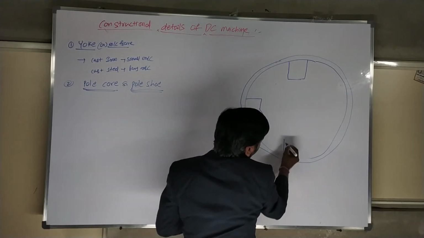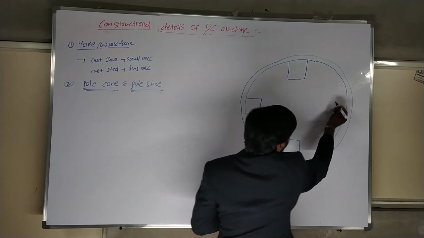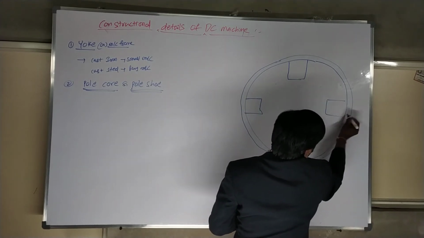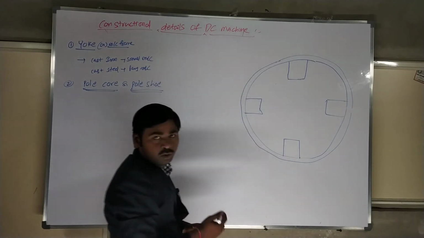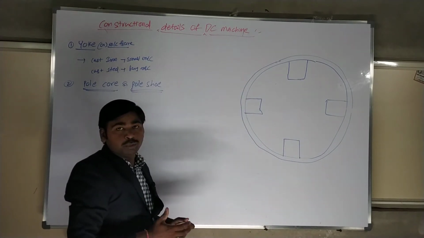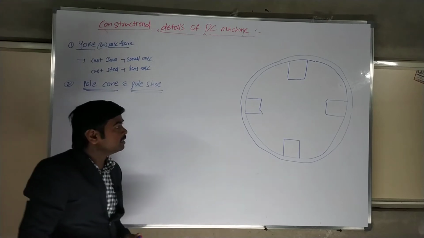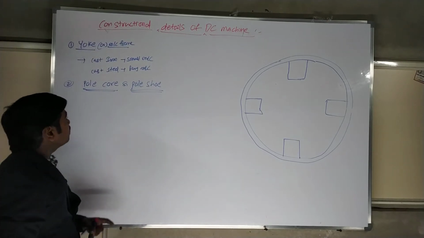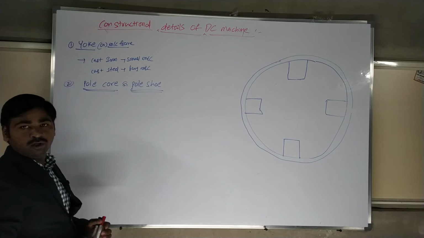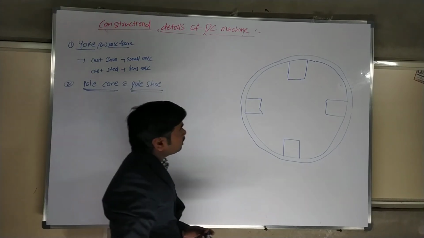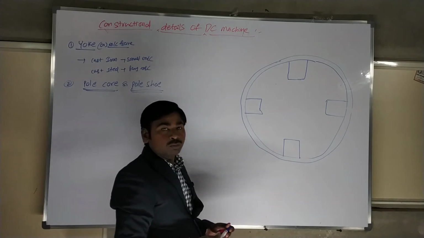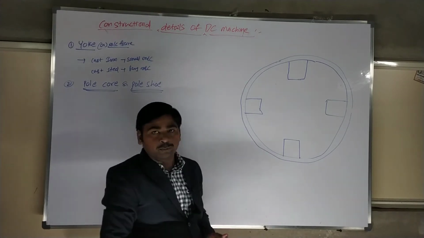The 4 pole cores are there. Each pole core is attached to the yoke of the body, and we place the field winding over the pole core.